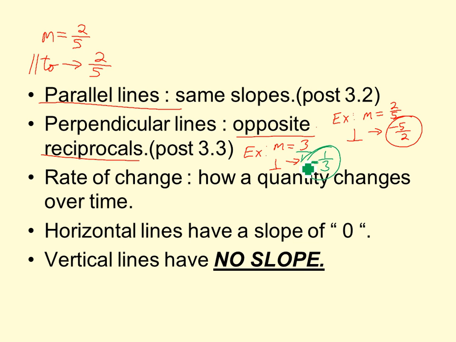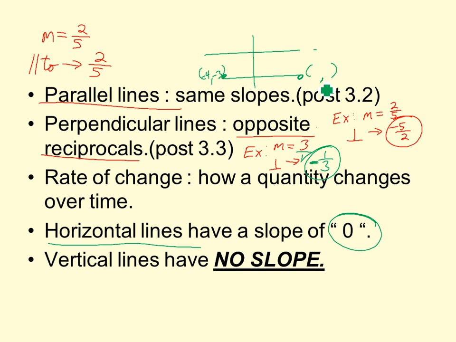Horizontal lines, I'll come back to rate of change in a second. Horizontal lines have slope of 0. So anytime you see a horizontal line, it has a slope of 0. Also with horizontal lines, if I was on a graph looking at a horizontal line, goes across like this, maybe this point right here is, let's say -4, -3.